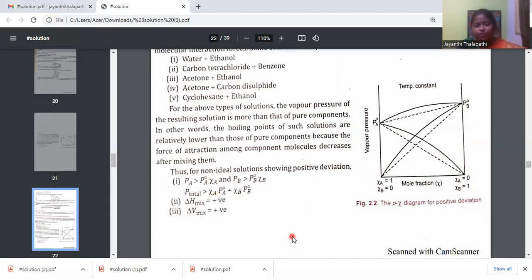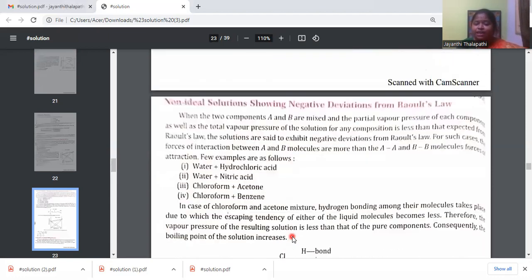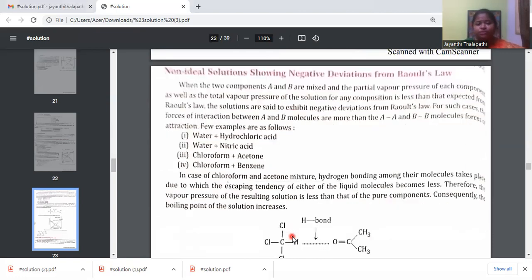So positive deviation means enthalpy increases and volume increases, right?